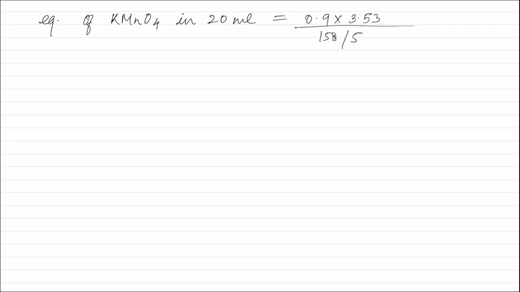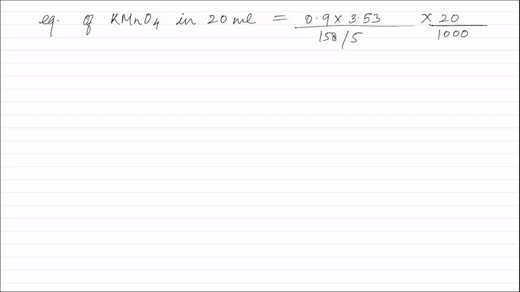Therefore, equivalence of KMnO4 in 20 milliliter of solution is equal to 0.9 into 3.53 divided by 158 by 5 into 20 divided by 1000 equivalents.